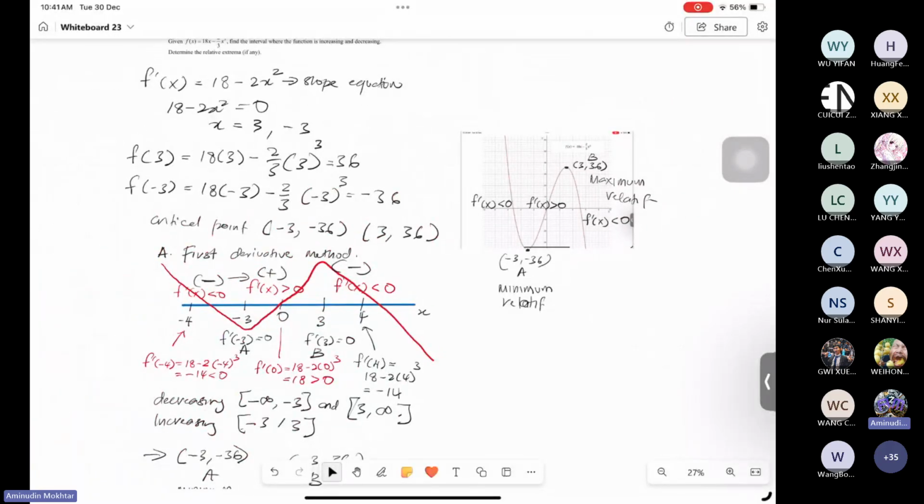And that's how we can find whether the graph is increasing or decreasing, by using the first derivative and the second derivative method. By using this concept of derivative, we can determine the critical point.